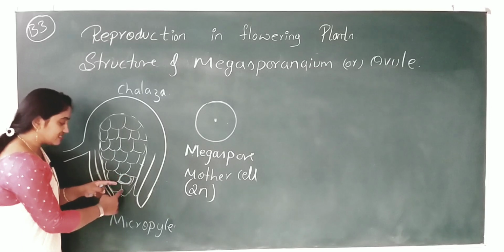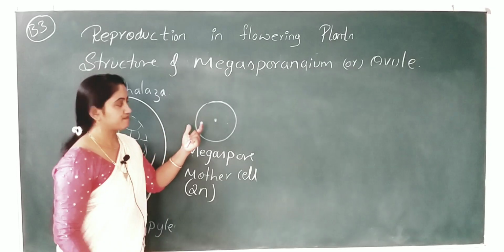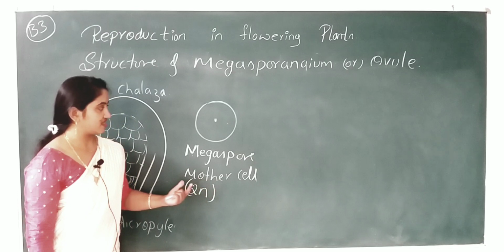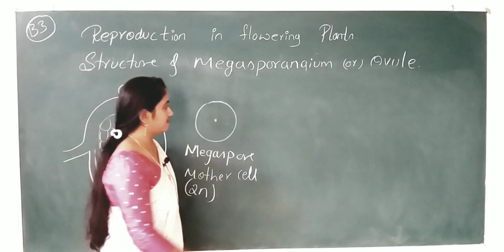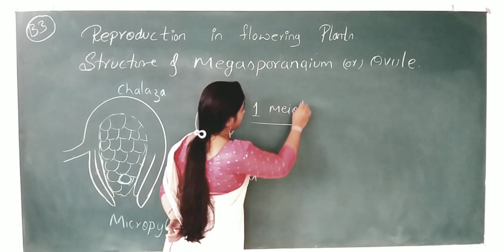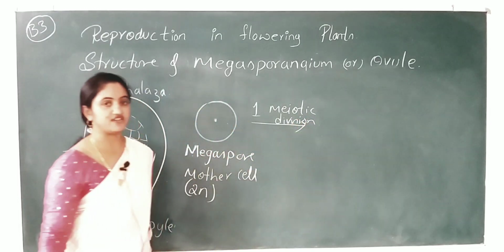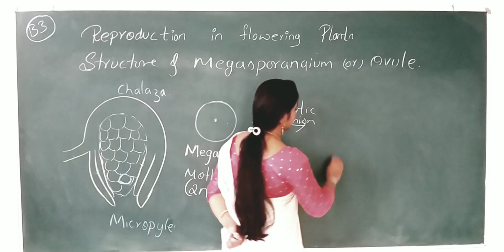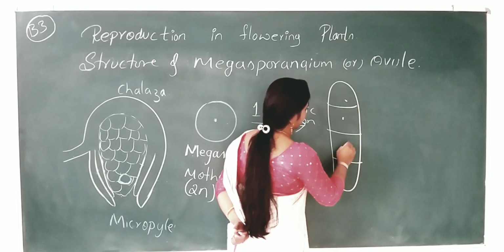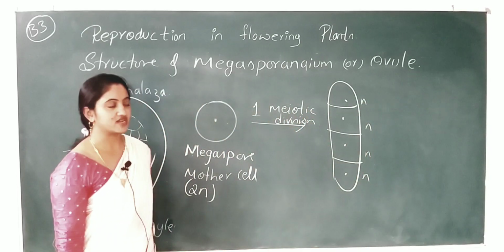The cell which is nearer to the micropylar end becomes bigger and attains the form of the megaspore mother cell. This megaspore mother cell undergoes one meiotic division. One meiotic division results in the formation of 4 haploid cells. n means haploid condition.